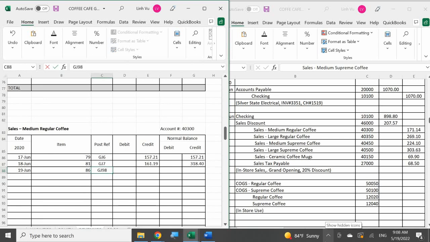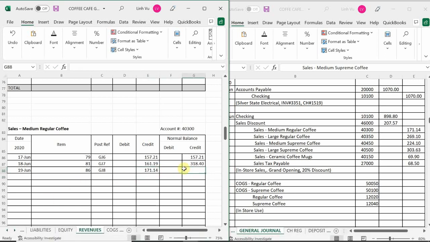General Journal, page 8. Okay. And I sold it for $171.14. And that should give me my account balance to be $489.54.